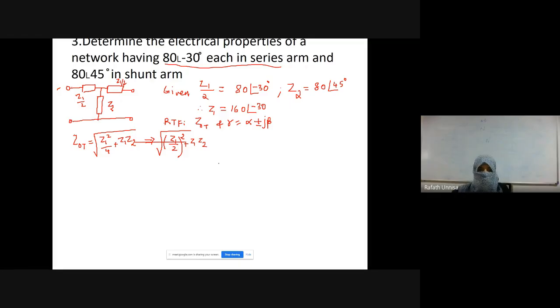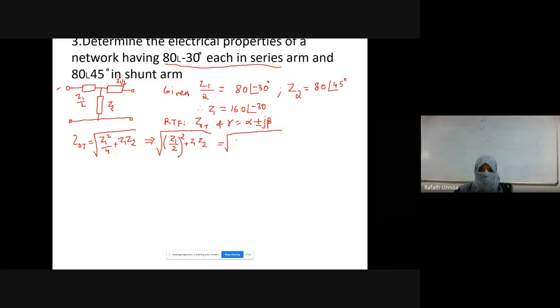Okay, so now I have this particular formula. Now let me substitute the values.